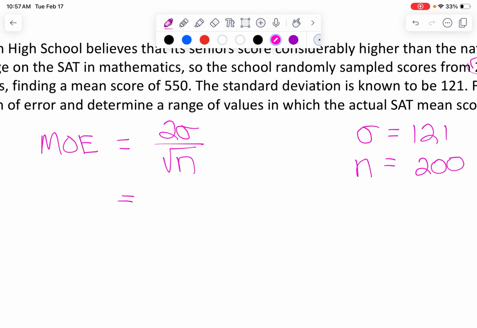Okay, so those are the two things that I'm going to plug in here. So I have 2 times 121 divided by the square root of 200. I want to figure out what that is, and that's my margin of error. So I'm going to use my calculator to do that.